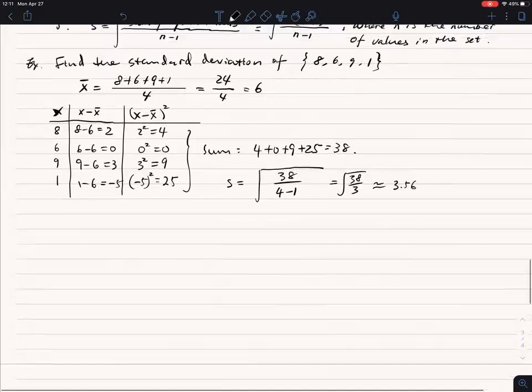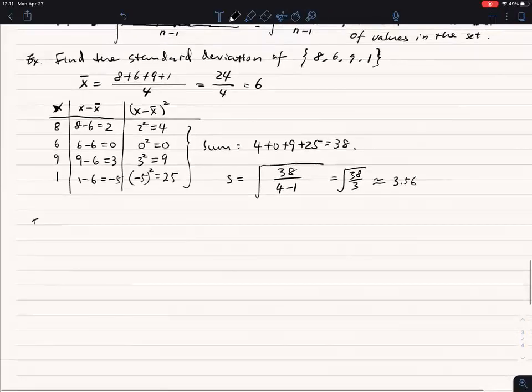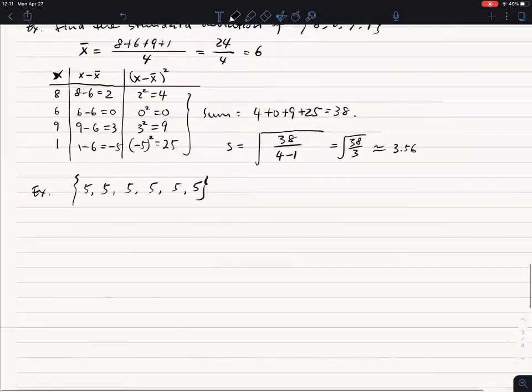But before I let you go, I want to give you another exercise here. So I have this data set, 5, 5, 5, how many? 4, 5, 6. Okay, there are 6 values and they're all 5 in this data set. So let me ask you 2 questions.